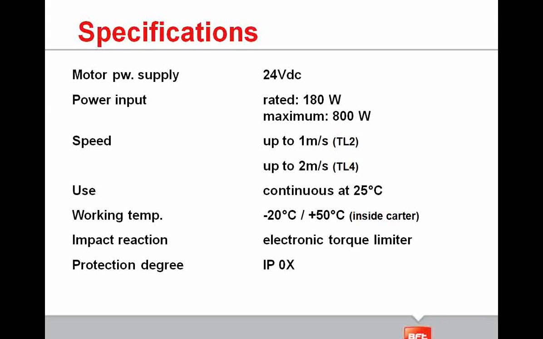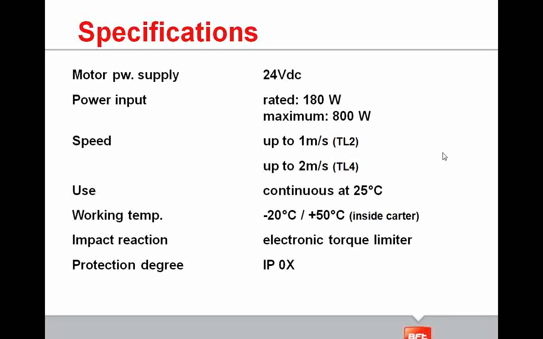So you see, the TL4 is very fast. You can open a 2-meter passage in only 2 seconds, for example. This automation can be used continuously at 25 degrees, and the working temperature is from minus 20 to plus 50 degrees.